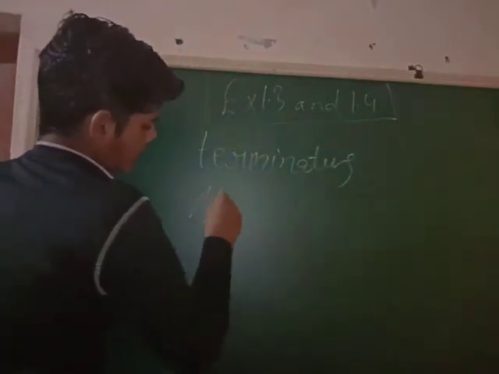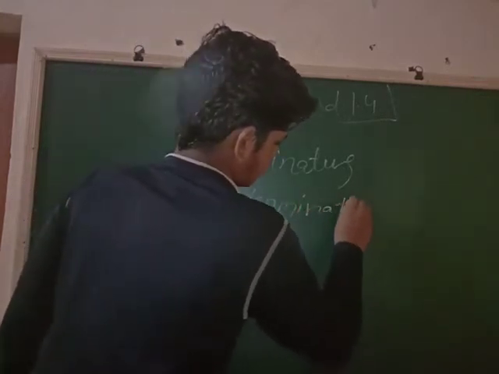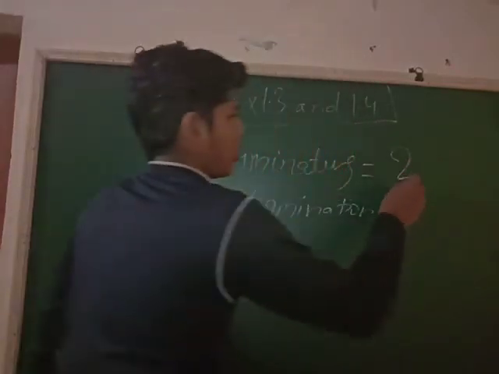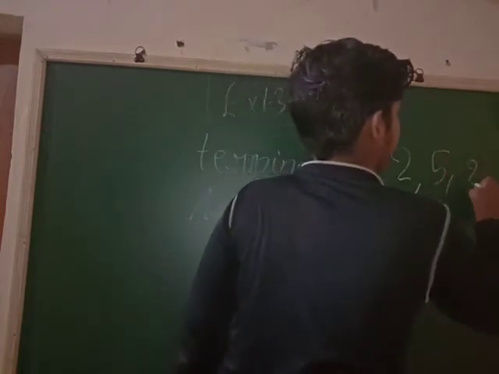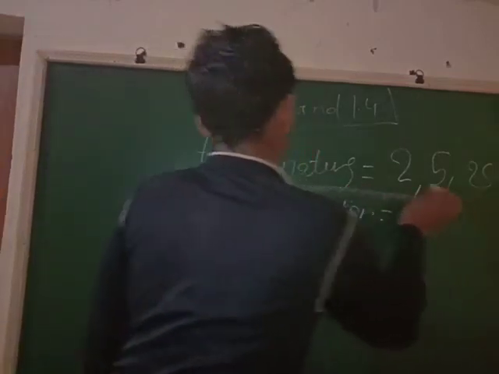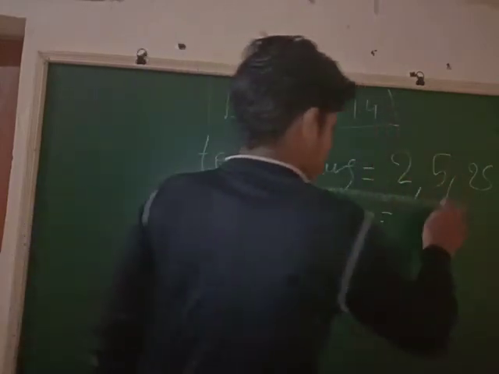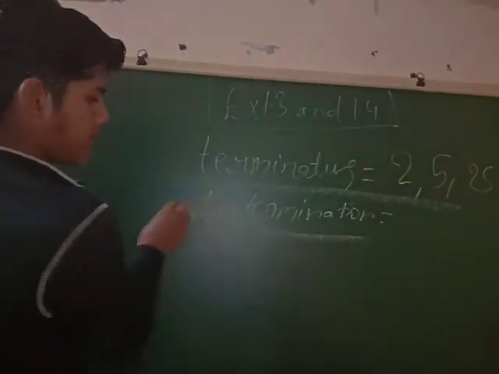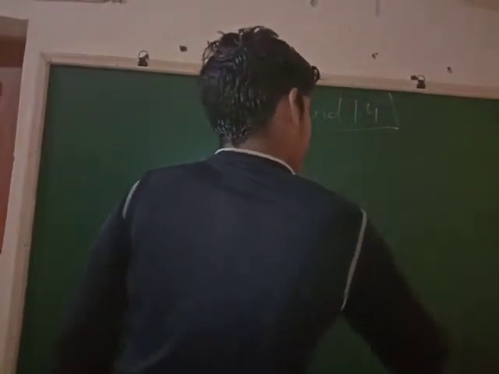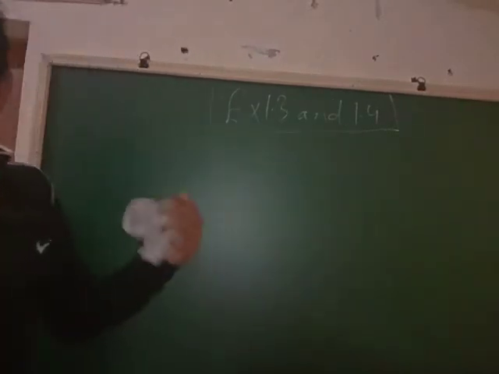The number which has either 2, either 5, or 2 and 5 both in its factor, that number is known as terminating. And the number which doesn't have either 2 or 5 or both, then that number is known as non-terminating number. If it is terminating, I am writing T, or if it is non-terminating, I am writing N.